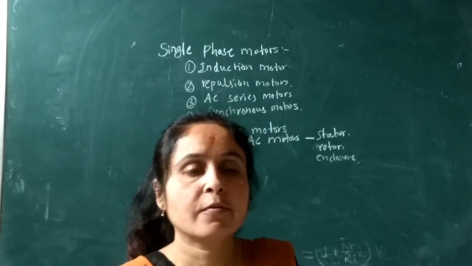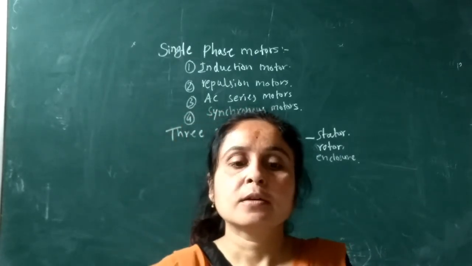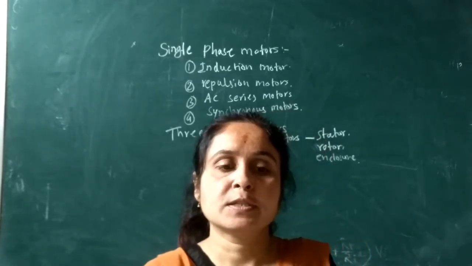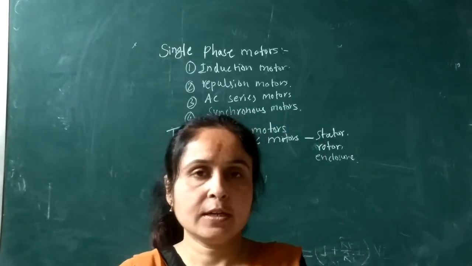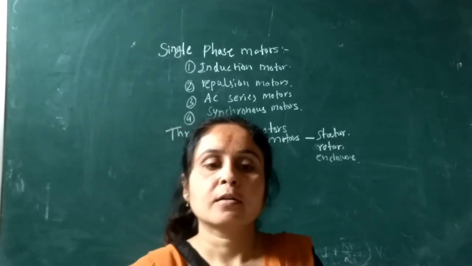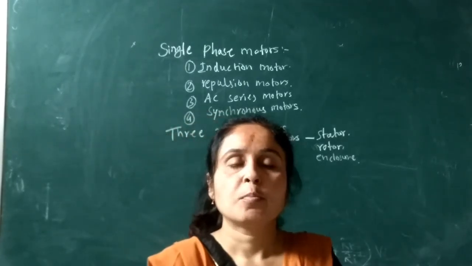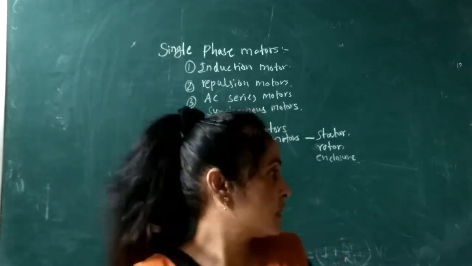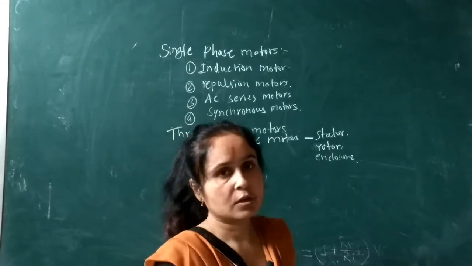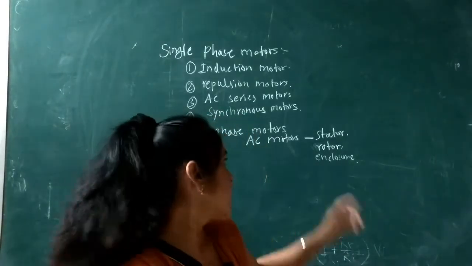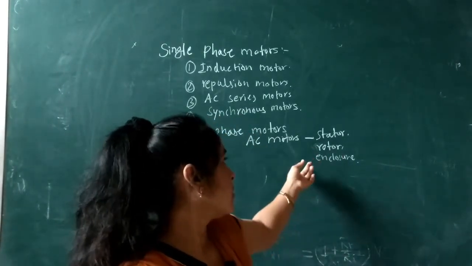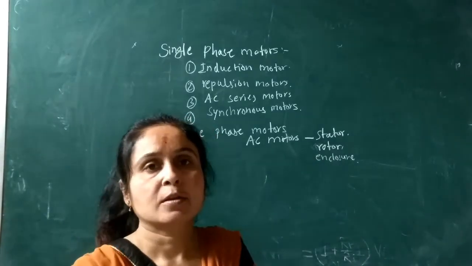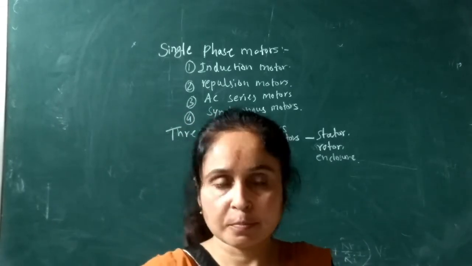By using these types of motors, the various components can be used, and specifically a polyphase motor is generated. These are the specific examples often used in three-phase AC motors: stator, rotor, and enclosure, for developing the motor forms.